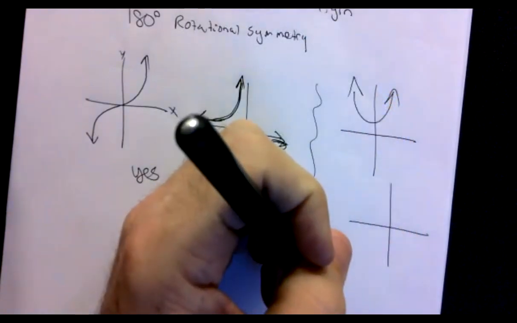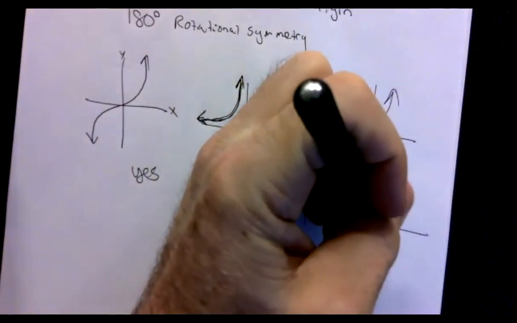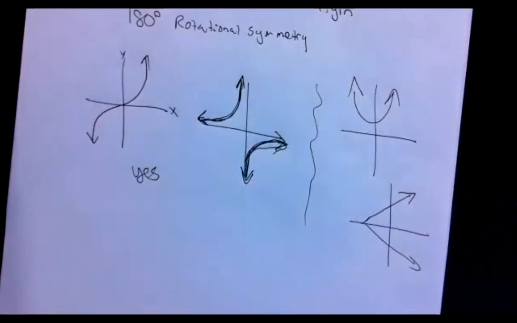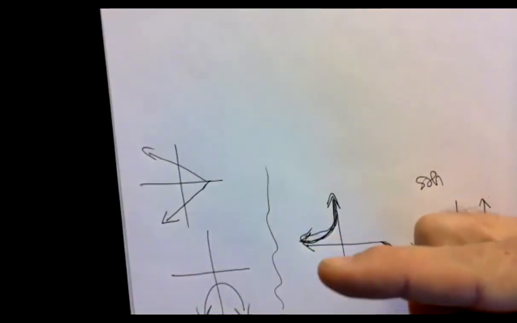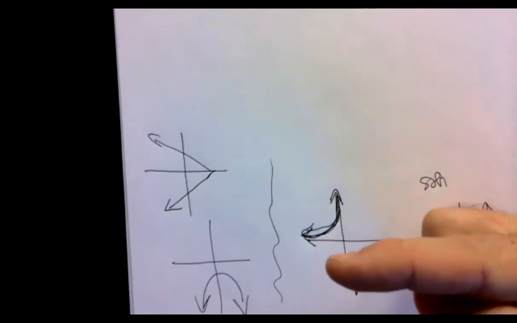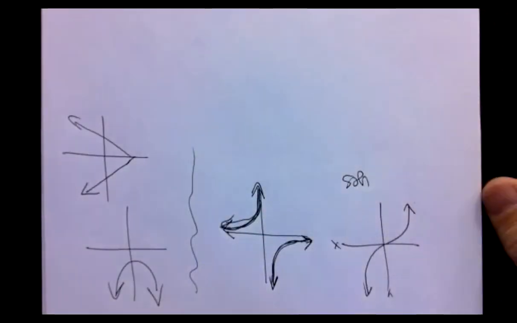Let's see. Some funky curve we may see. Okay, again, something like that. Flip it 180 degrees. We're pointing the completely wrong direction. We were facing to the right, now we're facing to the left.